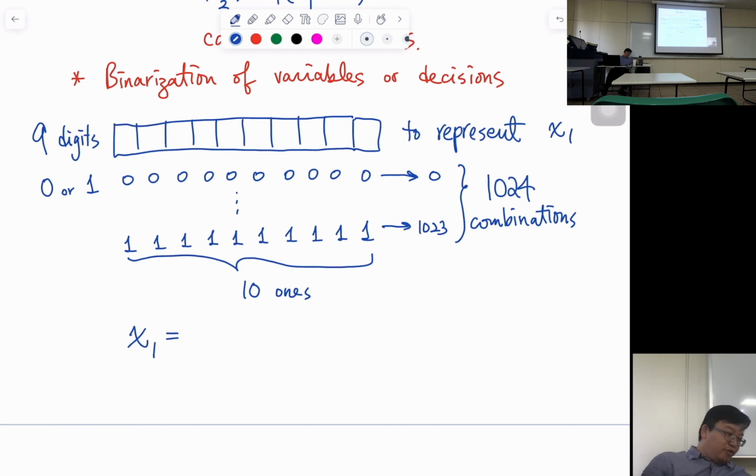So the value for your x1 equals the binary code divided by 1023 times 100, is it?